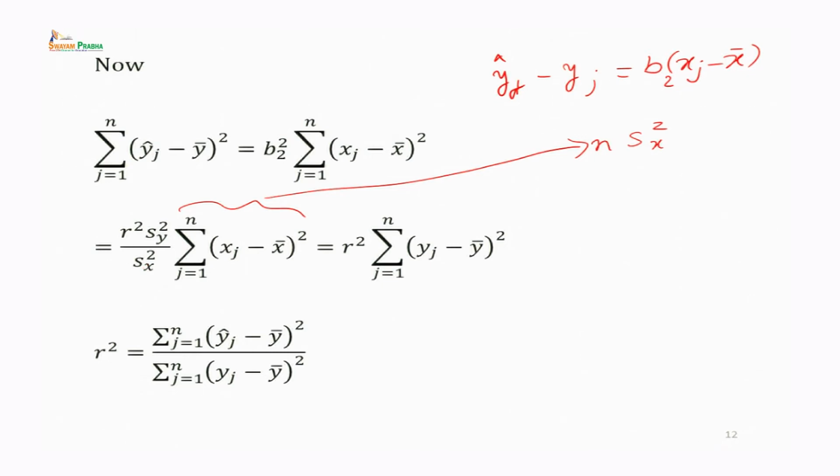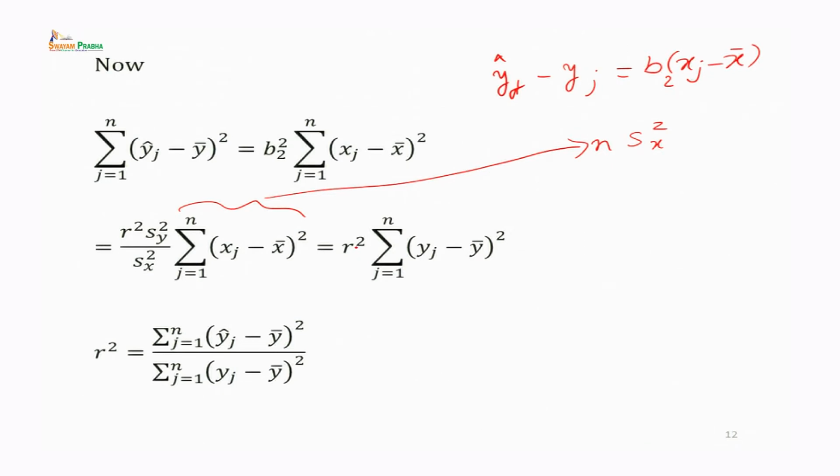So, finally, you obtain this equal to r square times summation j equal to 1 to n (yj minus y bar) square, because this sx square will cancel out, and you get n times sy square, and n times sy square is this quantity.